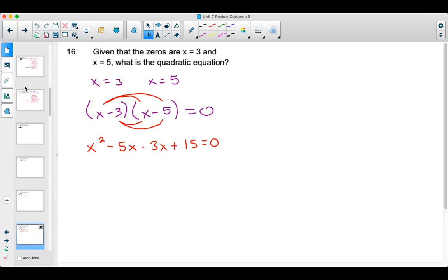X times x is x squared. X times -5 is -5x. -3 times x is -3x. -3 times -5 is +15. Combine our like terms: -5x and -3x is -8x. So x squared minus 8x plus 15 equals 0. That is one possible quadratic equation.